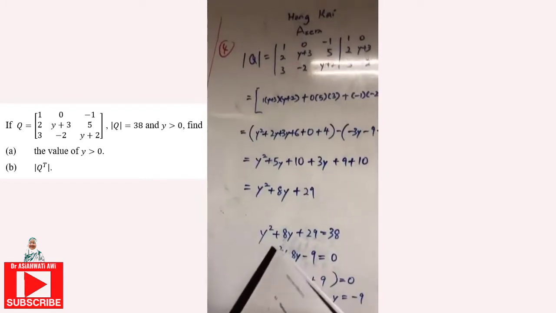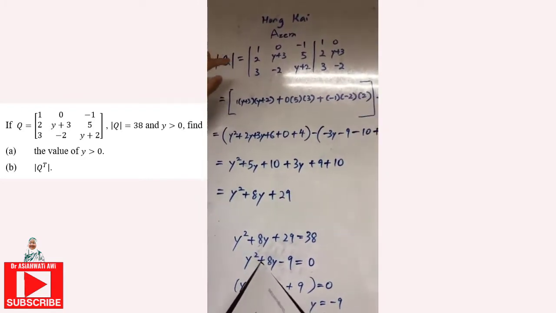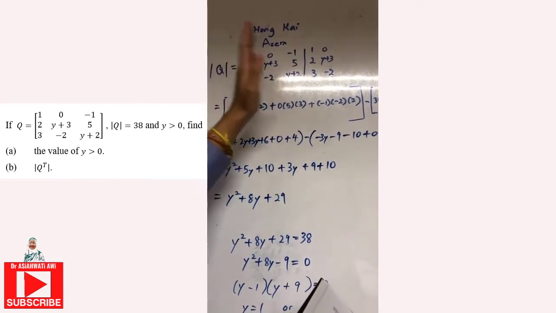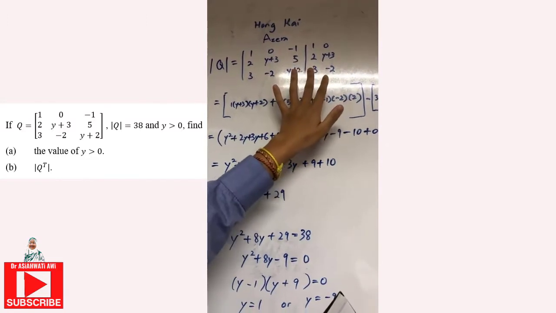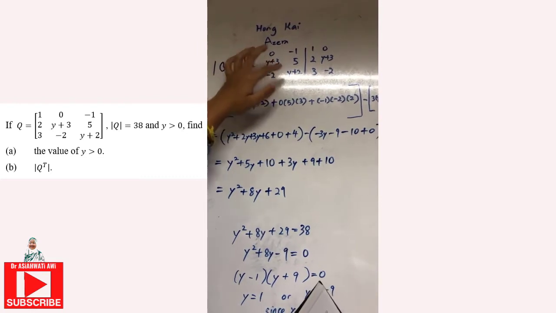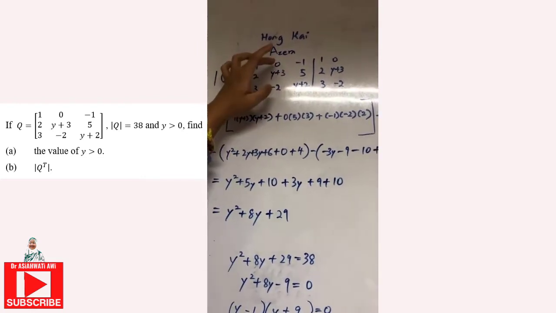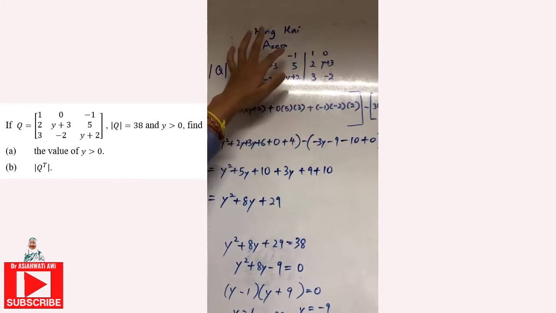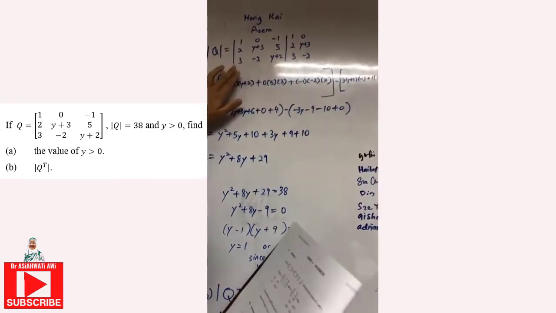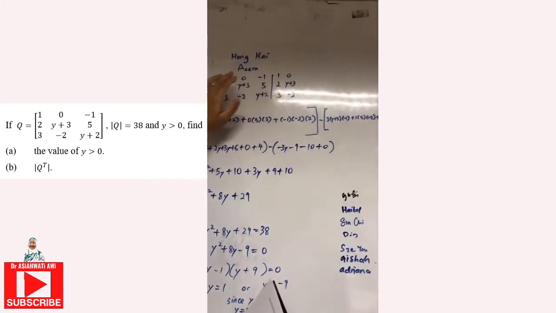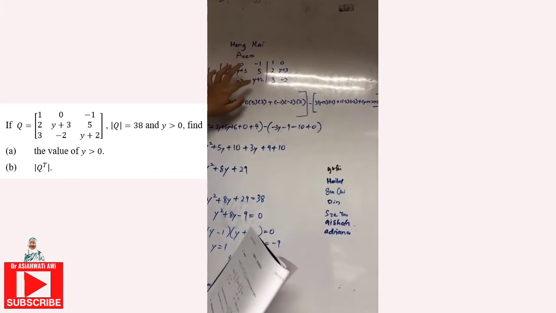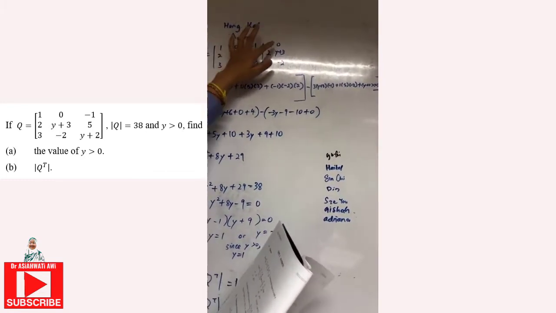So by using the formula of determinant, we write the matrix Q first and the first two columns of the matrix Q, and we use this method: 1 times y plus 3 times y plus 2, plus 0 times 5 times 3, plus negative 2 times 2 times negative 2, and minus 3 times y plus 3 times negative 1, plus negative 2 times 5 times 1, plus y plus 2 times 2 times 0.